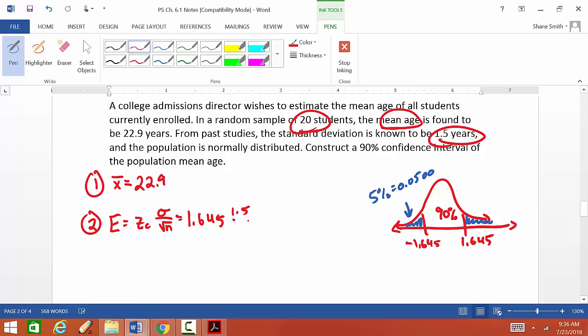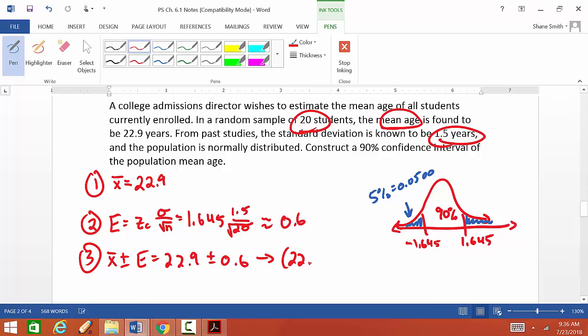Sample size is 20. Don't forget to take the square root. And you end up with a margin of error of 0.6. Then we add and subtract the margin of error from our point estimate. So it's 22.3, and when we add this, 23.5.